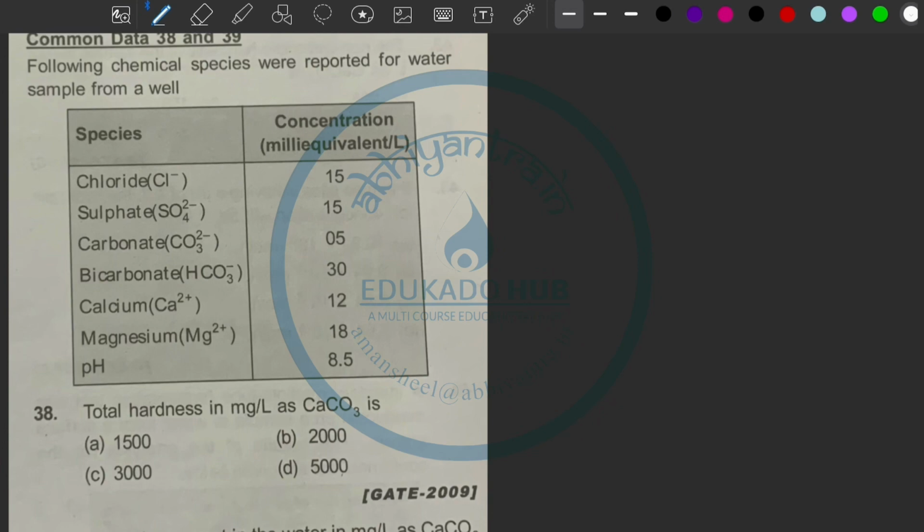They have already given the values in milliequivalent per liter, so we simply multiply directly by the equivalent weight of CaCO3, 50. For calcium, they have given 12 into 50 directly, and for magnesium, 18 into 50 directly.